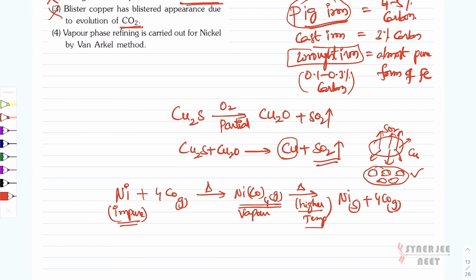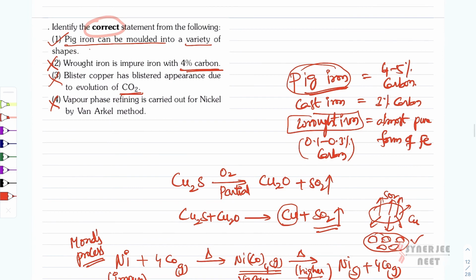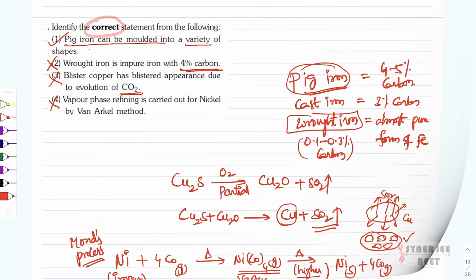Since nickel carbonyl contains only nickel, not impurities, ultimately when it breaks down you get a pure form of nickel. So this is the vapor phase refining process of nickel, and it is called Mond's process, not the Van Arkel process. So this is also wrong. In the given statements, only one is right and the others are wrong.